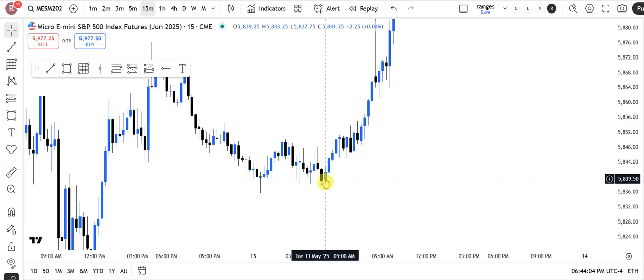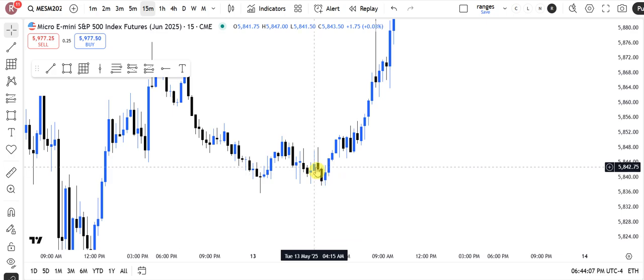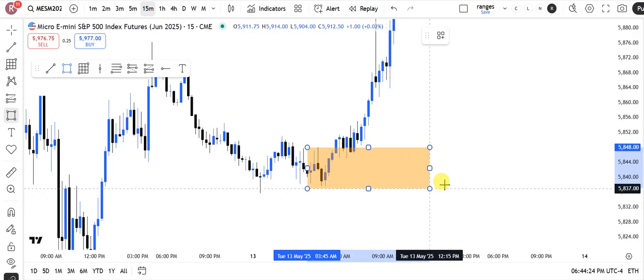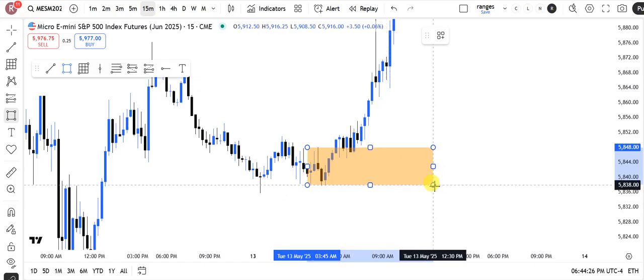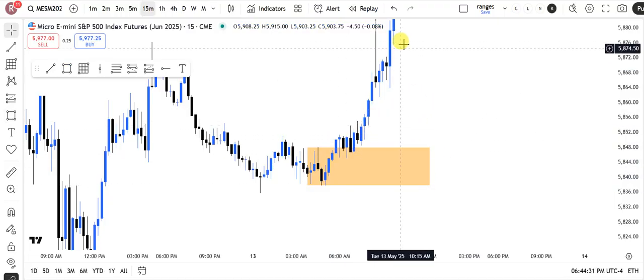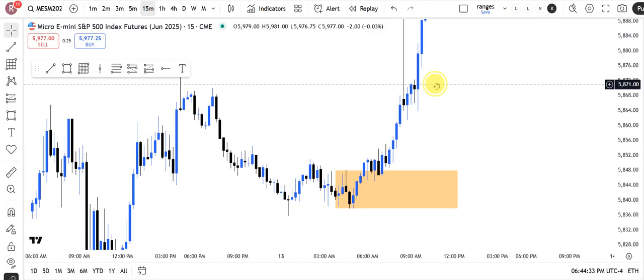Two consecutive down candles. So technically right here it validates the order block because it closes above. It doesn't have to close above the high, it just has to close above the opening price. And once it does, it validates it as an order block. But once it gets all the way above here, we can't include the wick. Boom. Ride it up. Yes, sir.